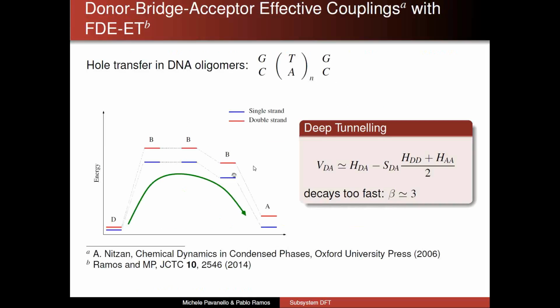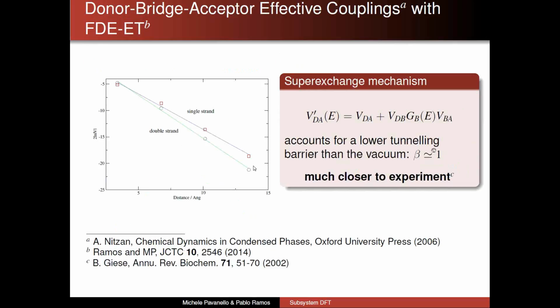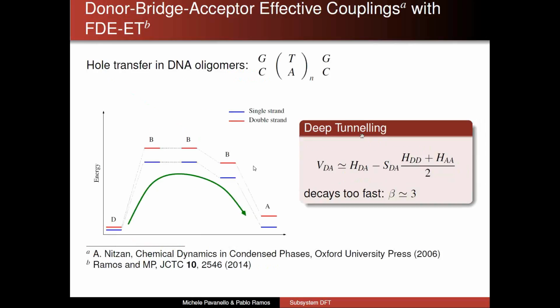While if you have bridge states, then the vacuum level is much reduced and your tunneling wall is much reduced. Therefore, the decay constant becomes much smaller, and we saw the decay constant becoming close to 1 if you include bridge states. In this case, the bridge states are thymine molecules.